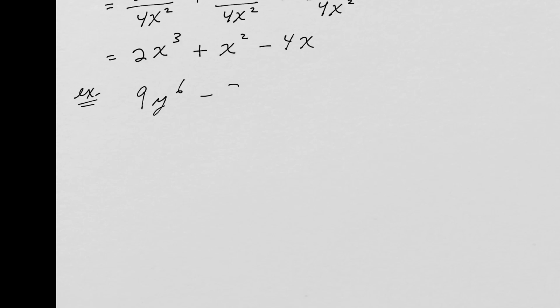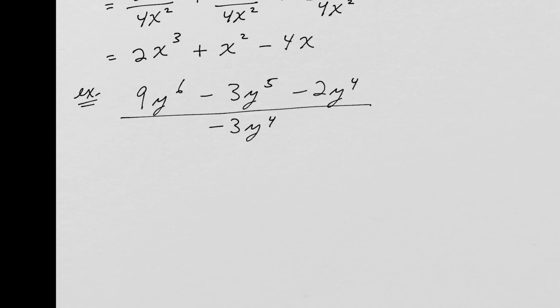Nine y to the sixth minus 3y to the fifth minus 2y to the fourth, all over negative 3y to the fourth. Okay, so again, rewrite this, right?